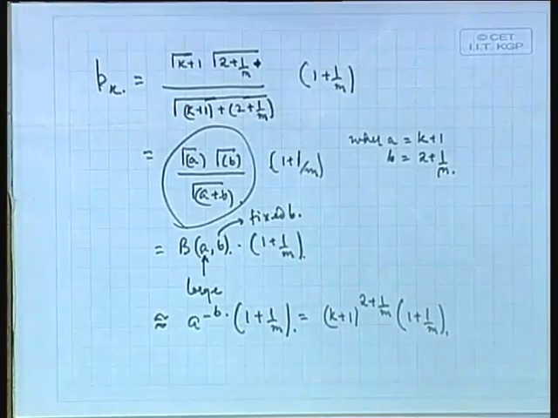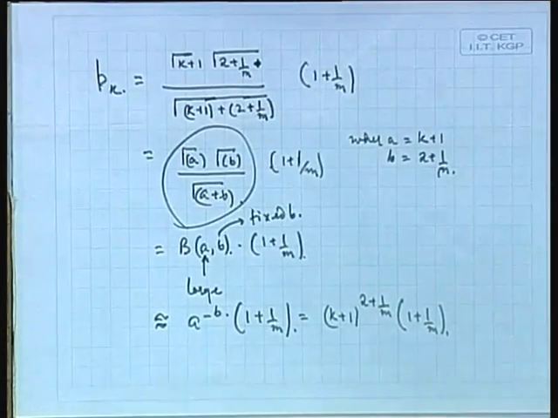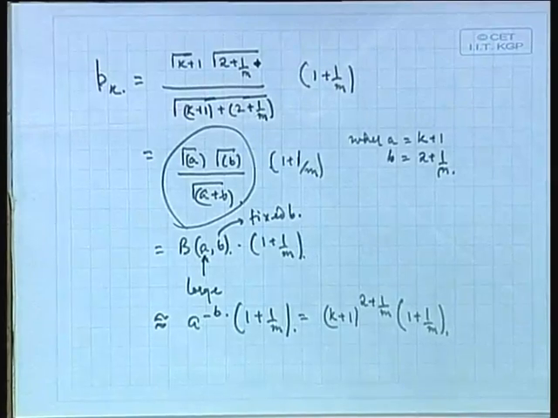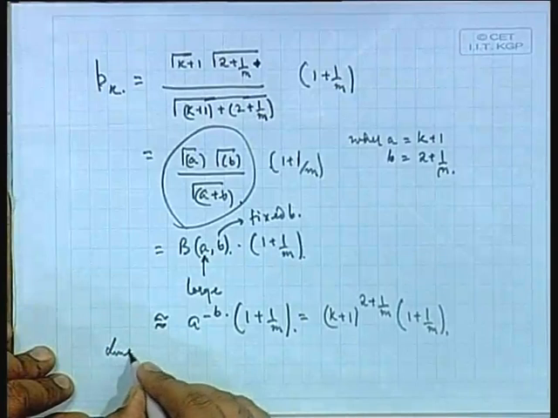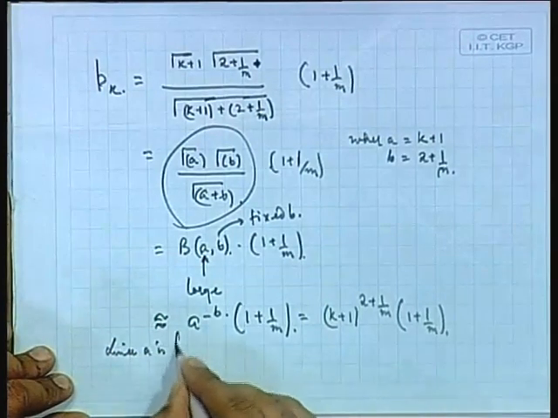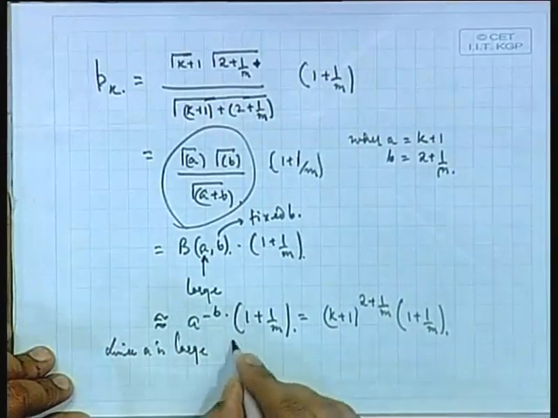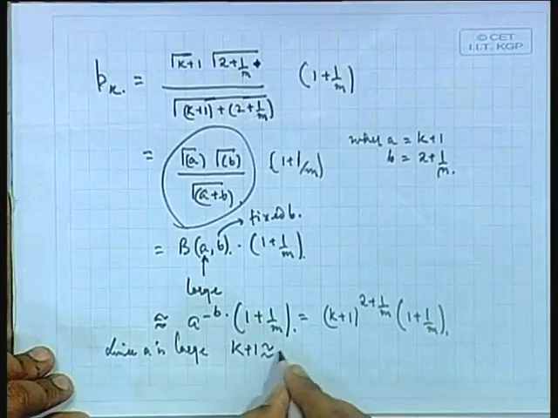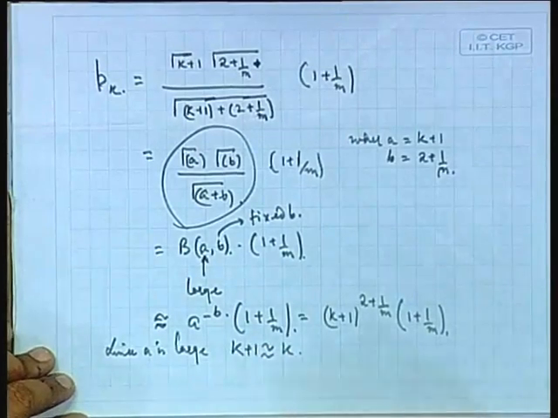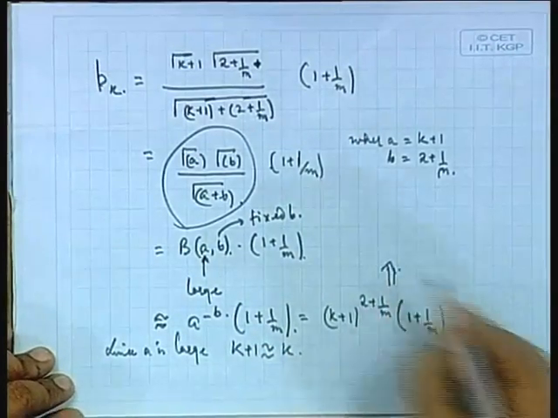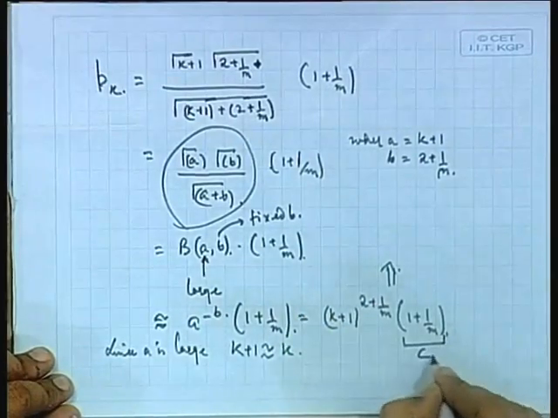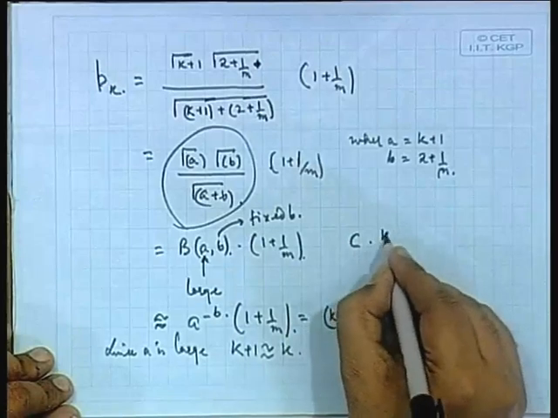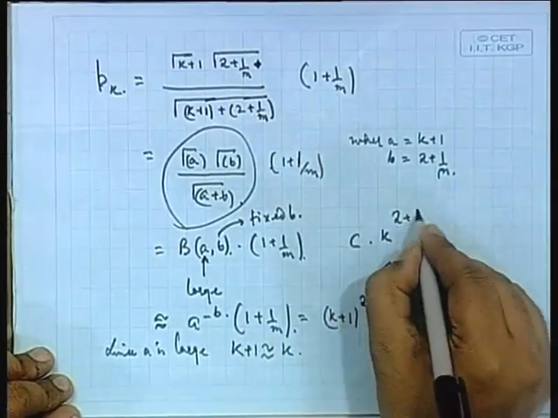Okay. And since A is large, what happens? k plus 1 is approximately equal to k. So, then see how this can be written. I put this as a constant, C into k to the power minus 2 plus 1 by m.